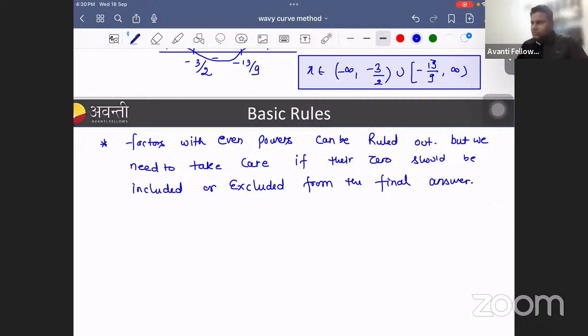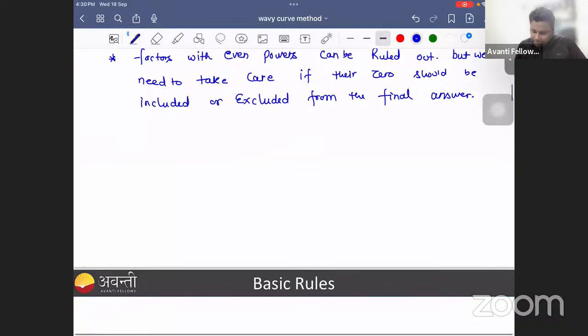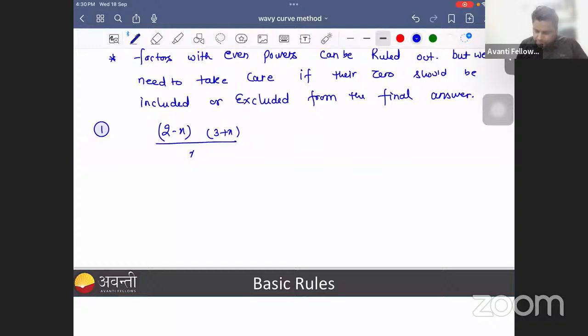Okay, so let's start one by one. I have mentioned all the rules which were required here. See, question number 1: (2 minus x)(3 plus x) upon (x plus 5) less than or equal to 0. Give it a try, then we'll discuss.